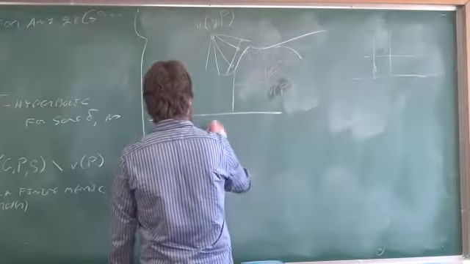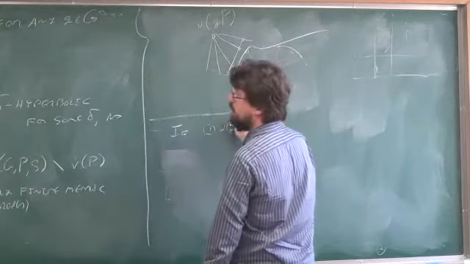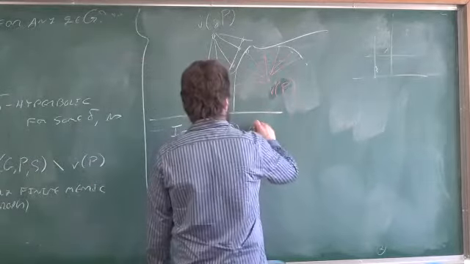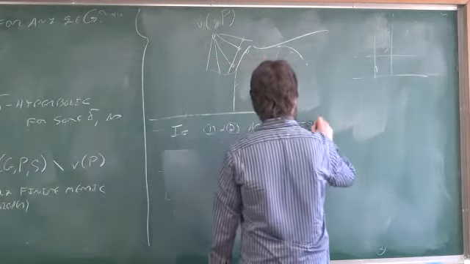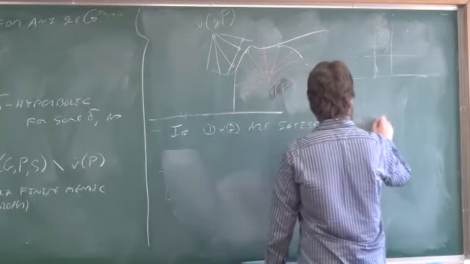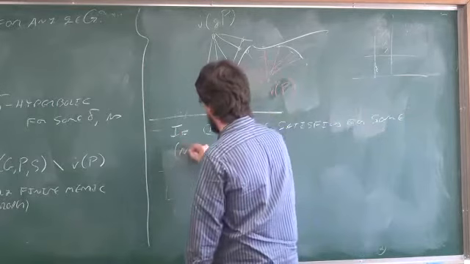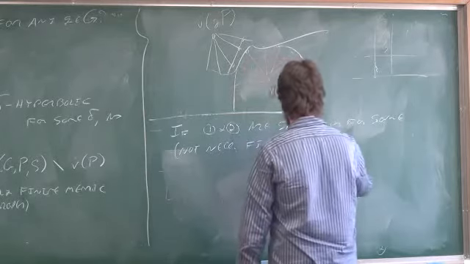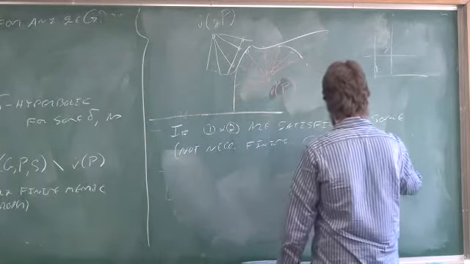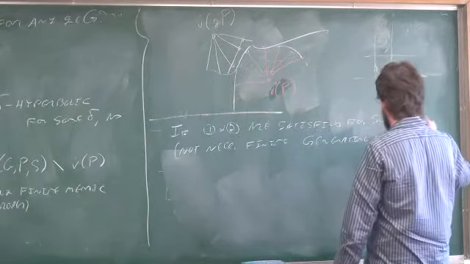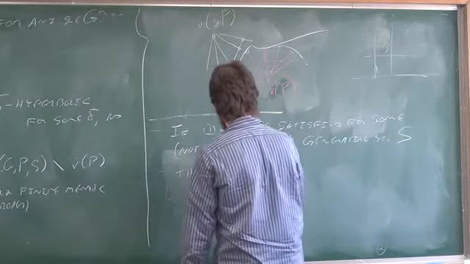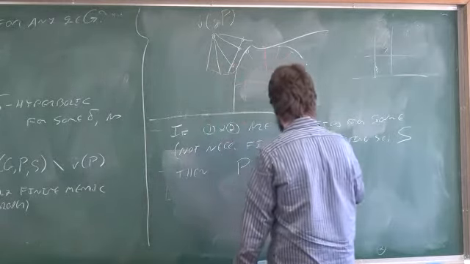So if 1 and 2, meaning this 1 and this 2, are satisfied for some not necessarily finite generating set S, then we say that P is hyperbolically embedded.